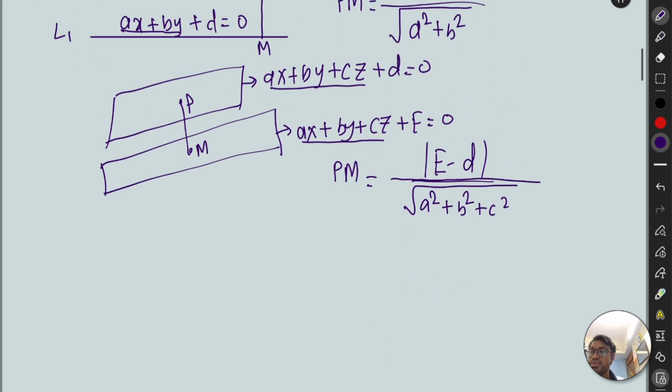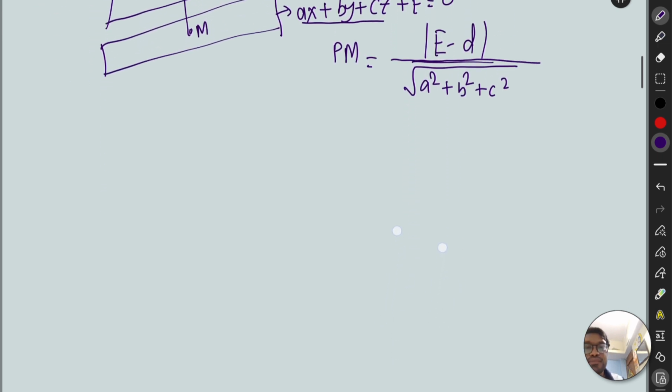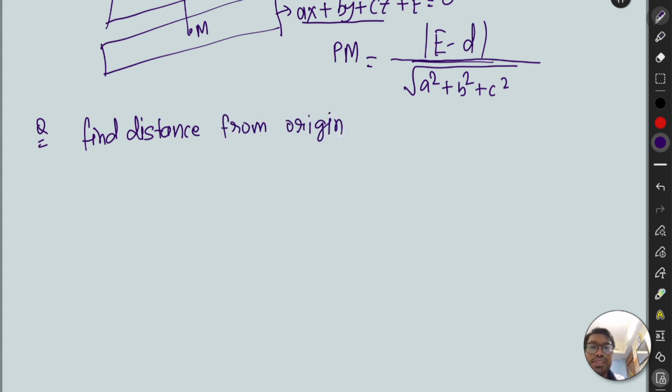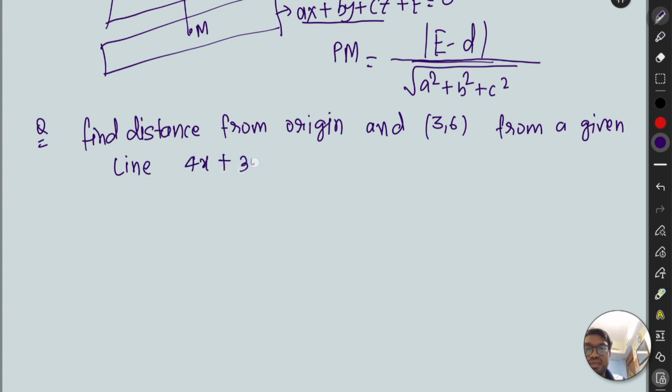Okay, now let's use this in a question. Find the distance from the origin and the point 3, 6 from a given line 4x plus 3y plus 5 equal to 0.